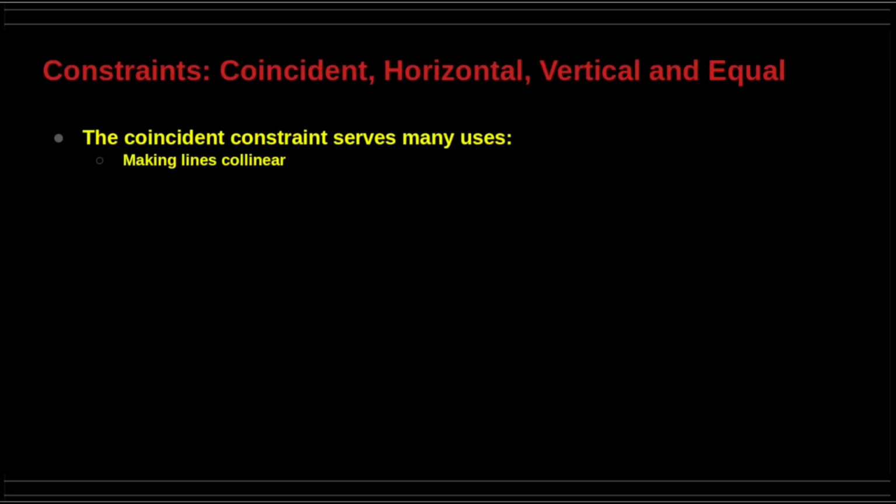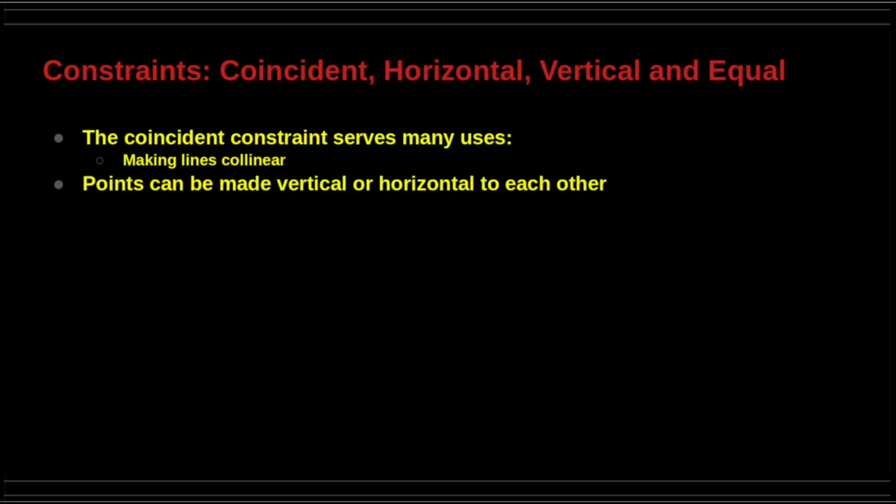It can make lines collinear. The points can be made vertical or horizontal to each other. Some of the common constraints are concentric, tangent, parallel, perpendicular, and midpoint.